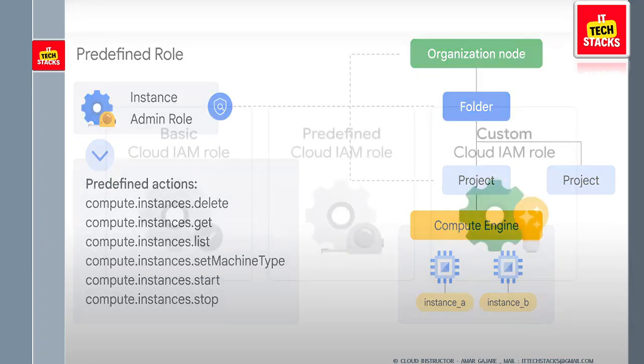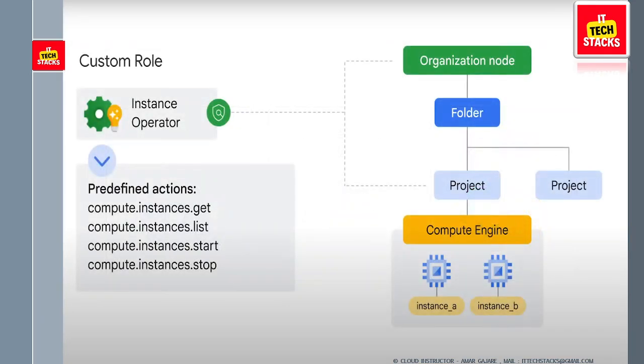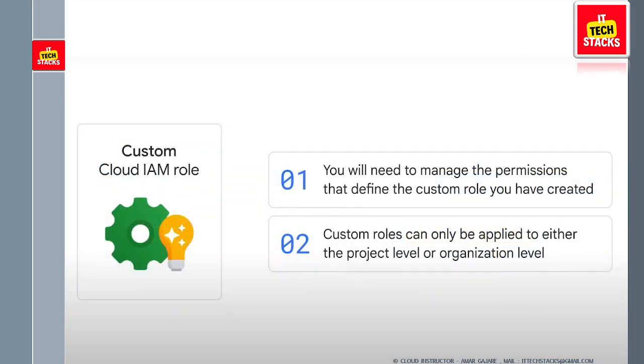Suppose I want to give an operator role to someone who can get, list, and start. Those accesses can be given through custom roles. So for custom Cloud IAM roles, you will need to manage the permissions that you have created.